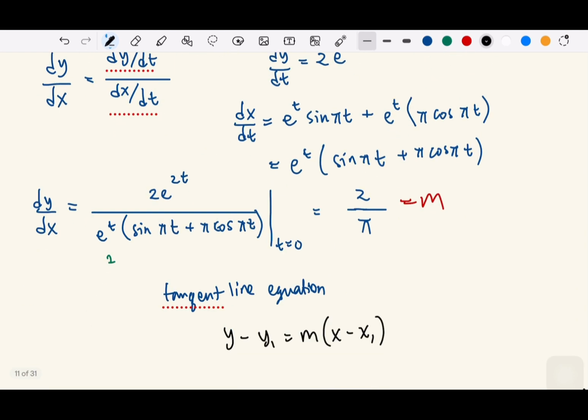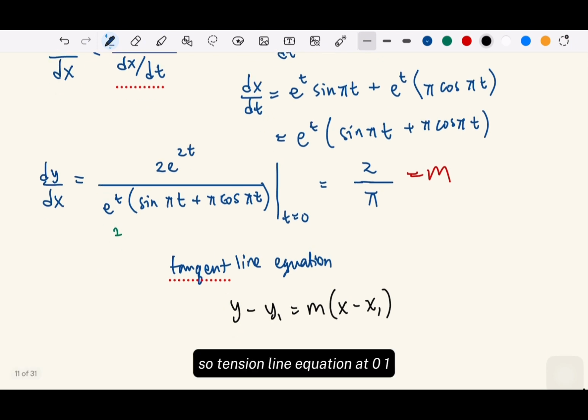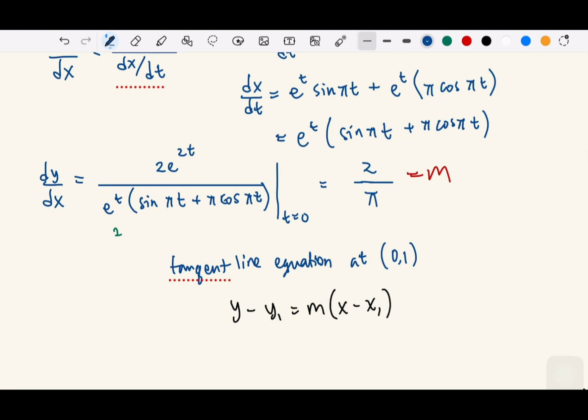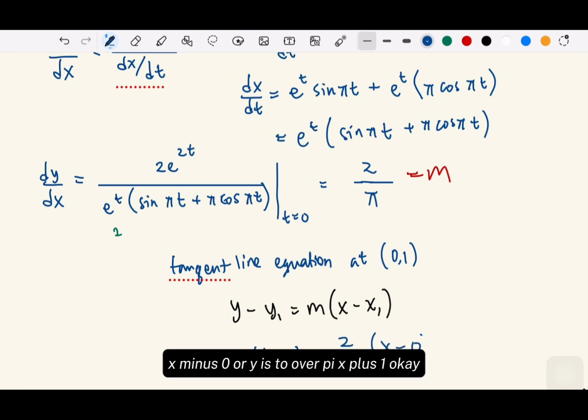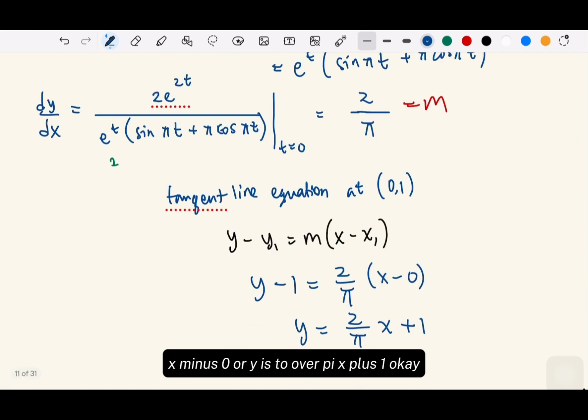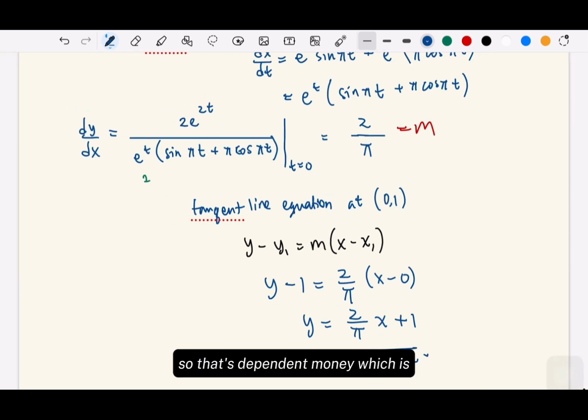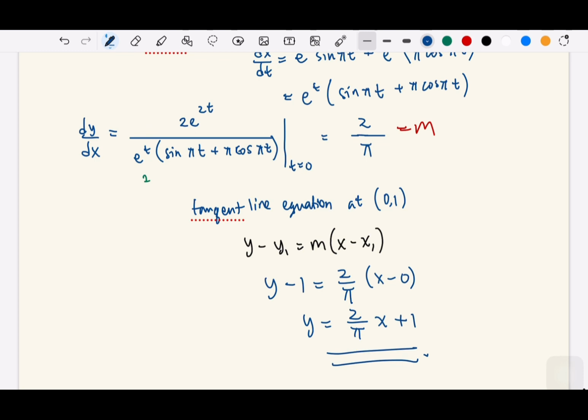So the tangent line equation at 0, 1: y minus 1 equals 2 over pi times x minus 0, or y is 2 over pi x plus 1. So that's the tangent line equation.